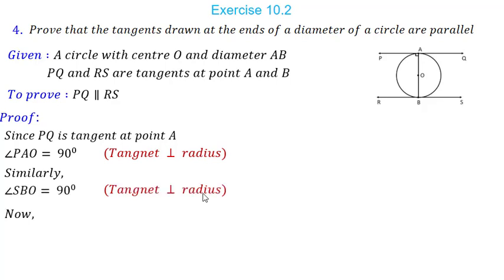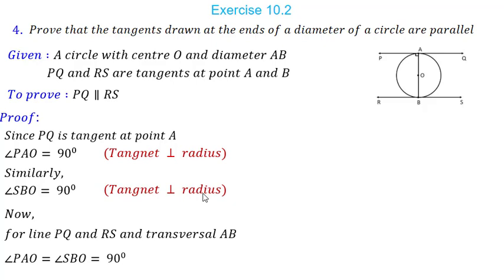Now, if we take lines PQ and RS and transversal AB, then angle PAO is equal to angle SBO, which is equal to 90 degrees. So PQ is parallel to RS by the converse of the alternate angle theorem. We are getting alternate angles congruent, equal. Therefore, lines PQ and RS are parallel to each other.